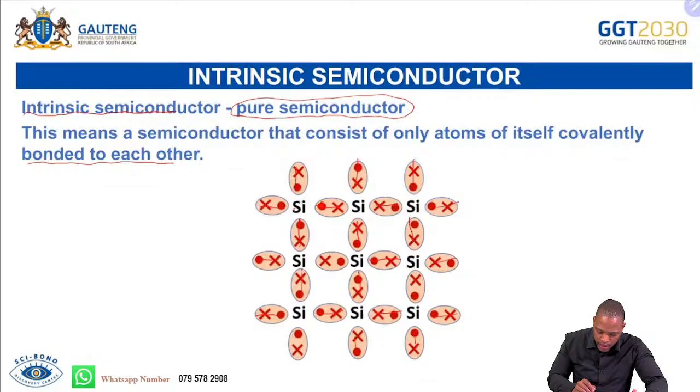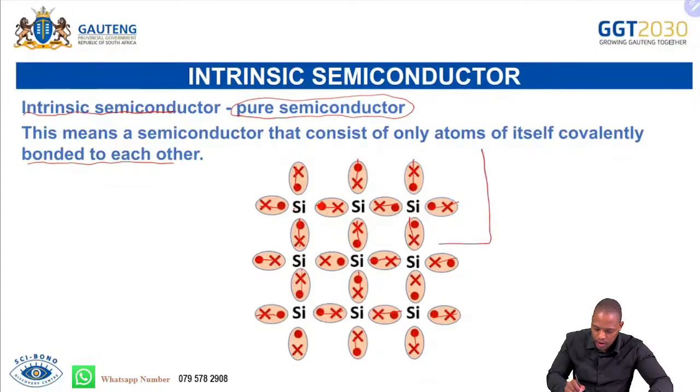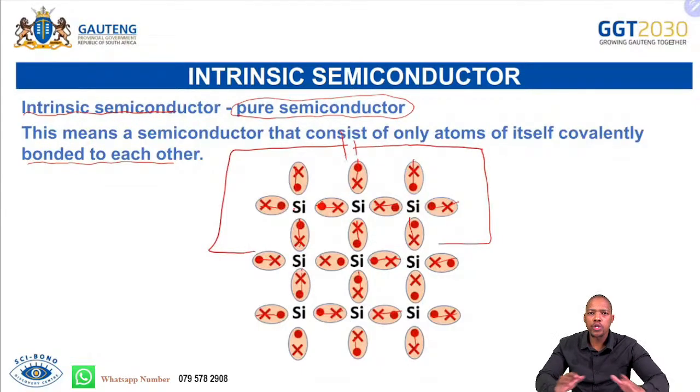So with this silicon sharing electrons with this one, it ends up having 8 electrons, this one having 8 electrons, and everything here is stable. And this is the reason why if I were to simply connect this silicon to a power source of some sort, this silicon is not going to conduct electricity because everything here is stable.